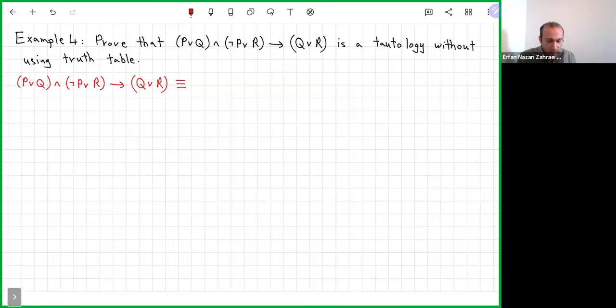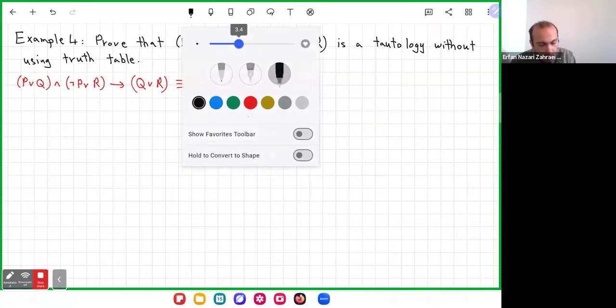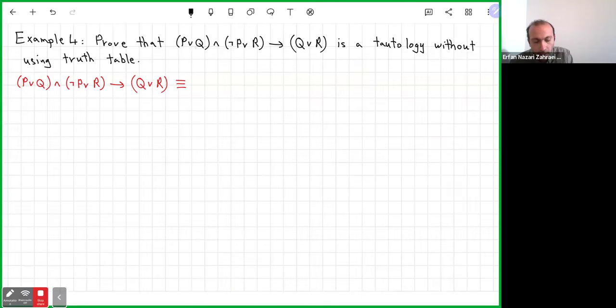What can I do? First thing to be used is, note that by the order of priority of the operators, and has higher priority than implication. So basically this statement, if you want to add extra parentheses, is this.